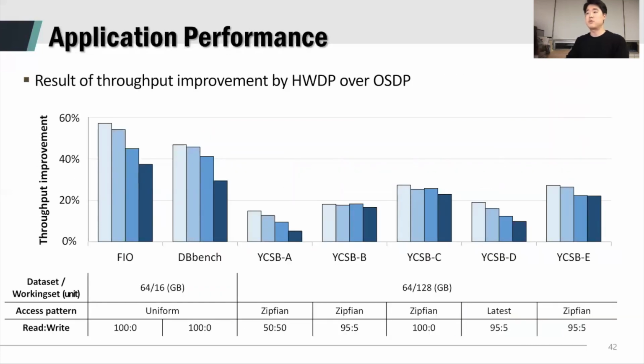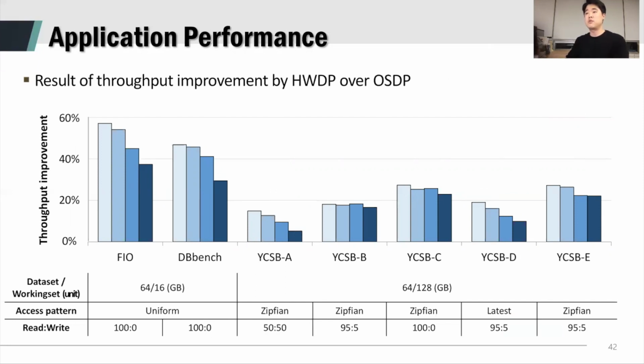This graph shows the throughput improvement by our HWDP over OSDP. FIU and DBbench on RocksDB showed the biggest throughput improvement, by up to 57%, since they have uniform read-only access patterns. YCSB workloads showed less throughput improvement since they have more realistic Zipfian access patterns.